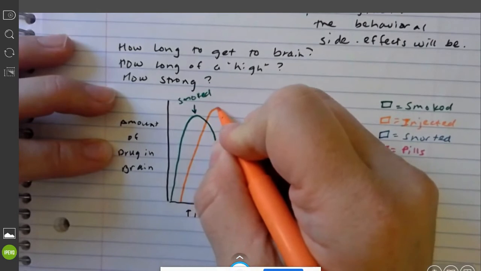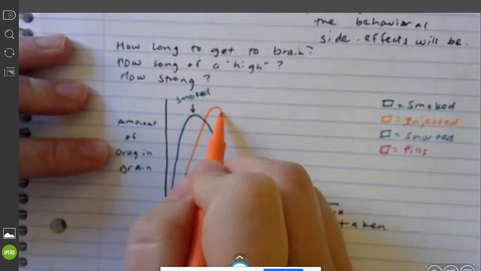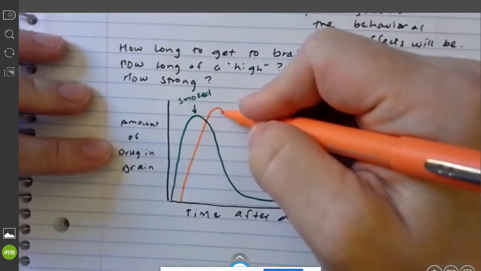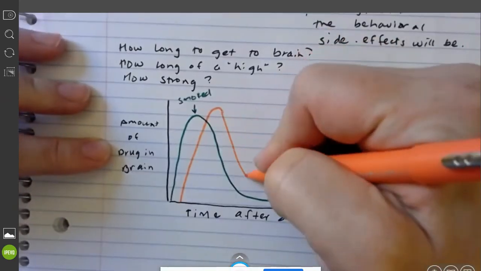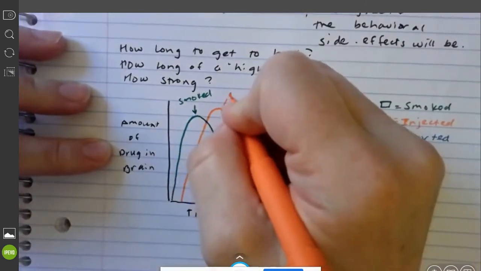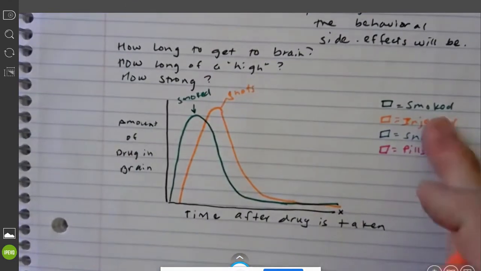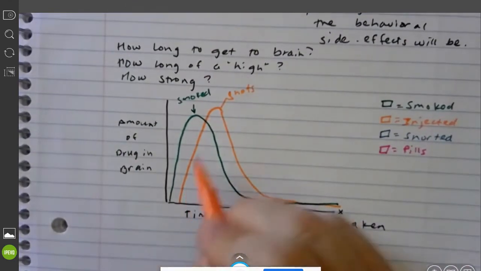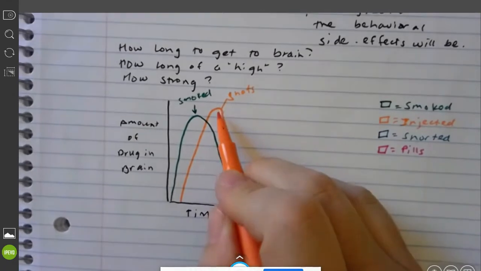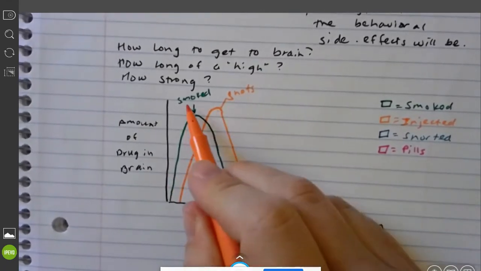So injectable drugs are going to lead to the strongest high for the user. This can be incredibly dangerous and lead to overdose. So this is going to be my shots. Not shots of alcohol, but my injectable drugs. Okay, so you see a higher amount in the person's brain, but a little bit slower to get to the brain than smoking the drug.